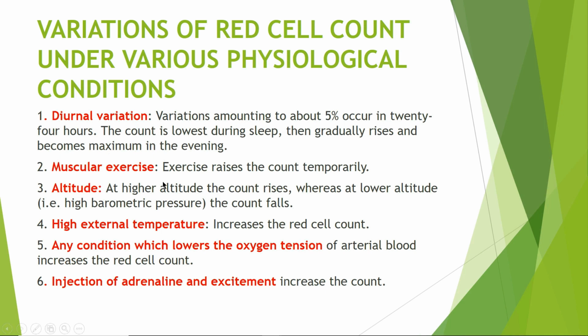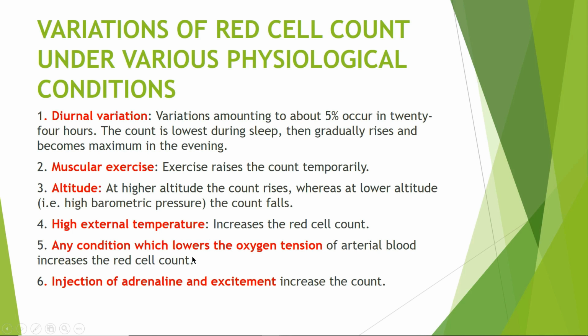Muscular exercise raises the RBC count temporarily. When you go to higher altitudes, the count also rises, whereas at lower altitudes, the count falls. When the external temperature is high, the red blood cell count increases.